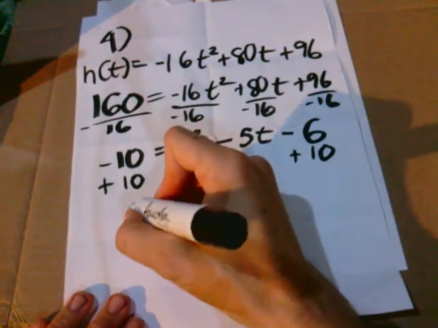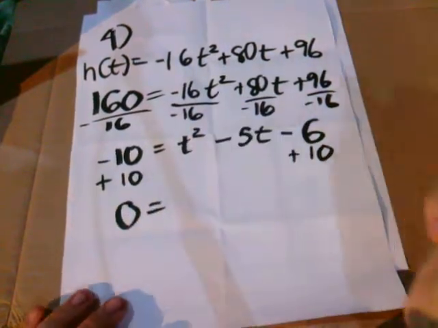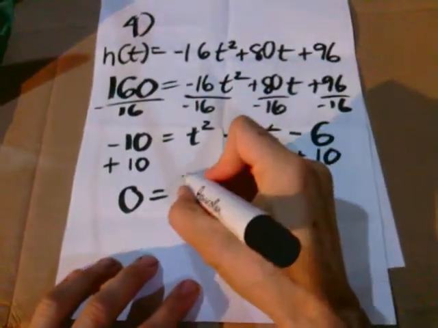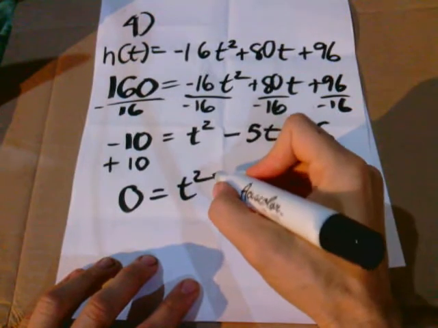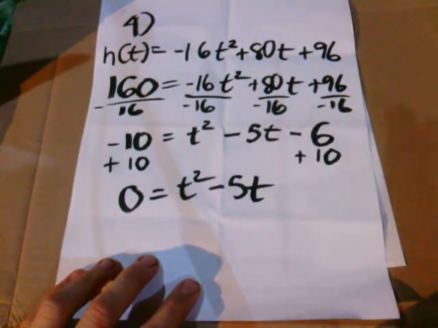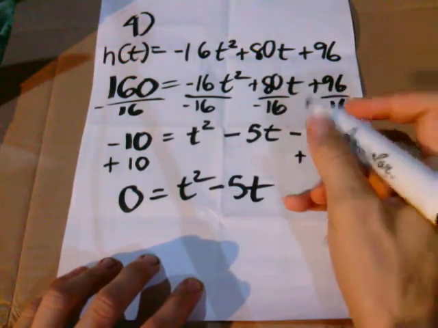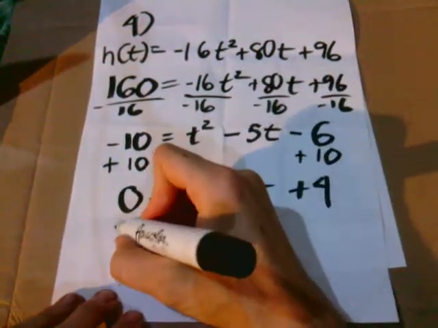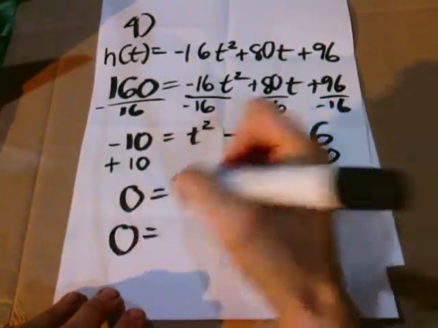That's going to give us 0 equals t squared minus 5t minus 6 plus 10 is plus 4. Okay, and let's solve by factoring.